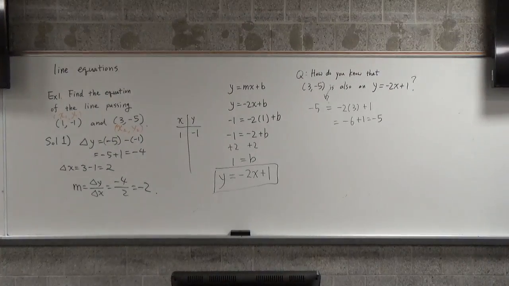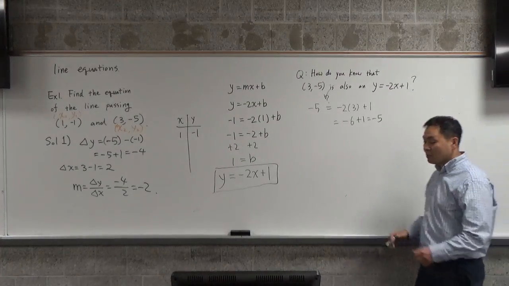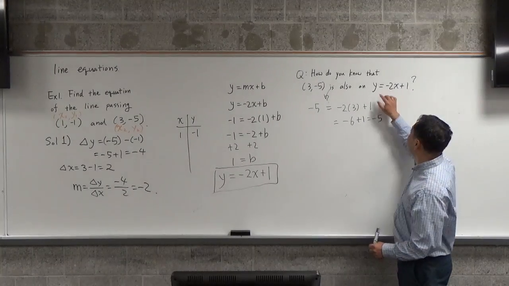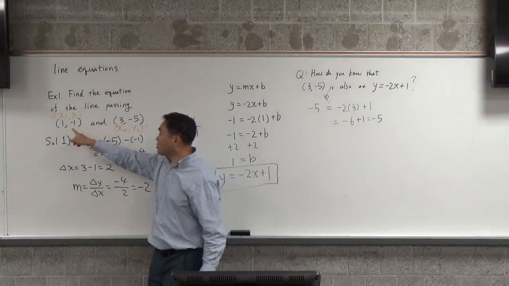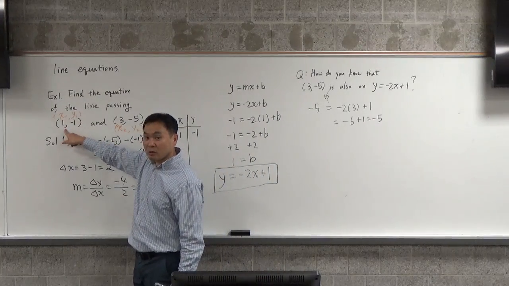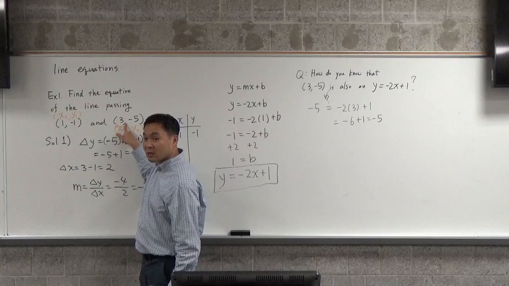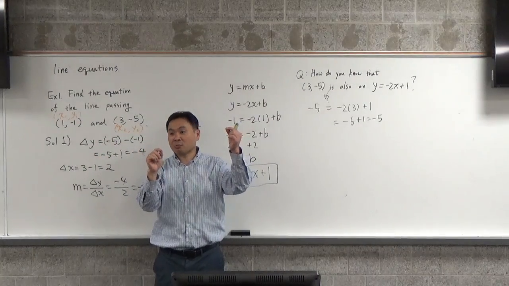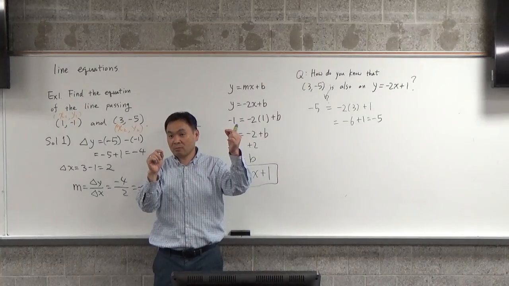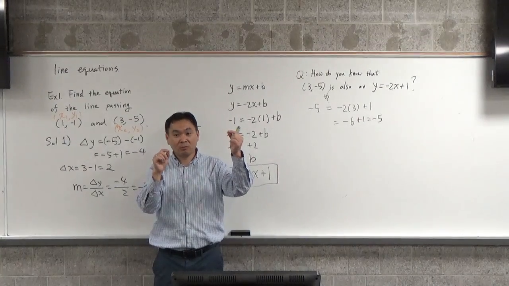Okay? So we do know that, and this is significant because it verifies that indeed this equation satisfies the condition given to us. We already know that it passes through 1 comma negative 1. We now know that it passes through 3 comma negative 5. Now think about this. If you're given 2 points on the plane, how many lines pass through those 2 points? Just one line.